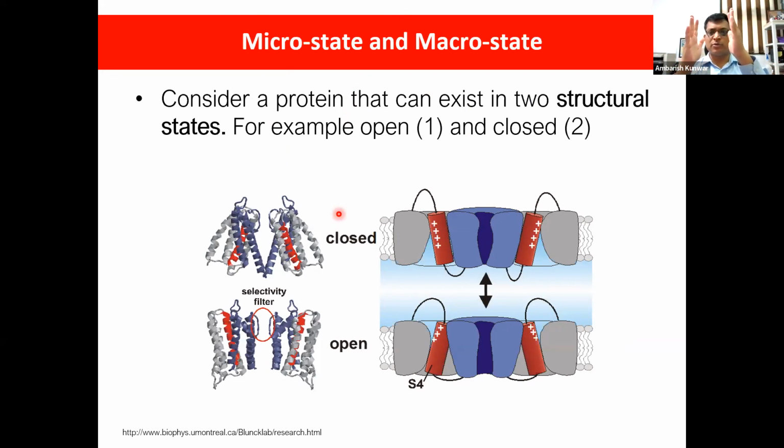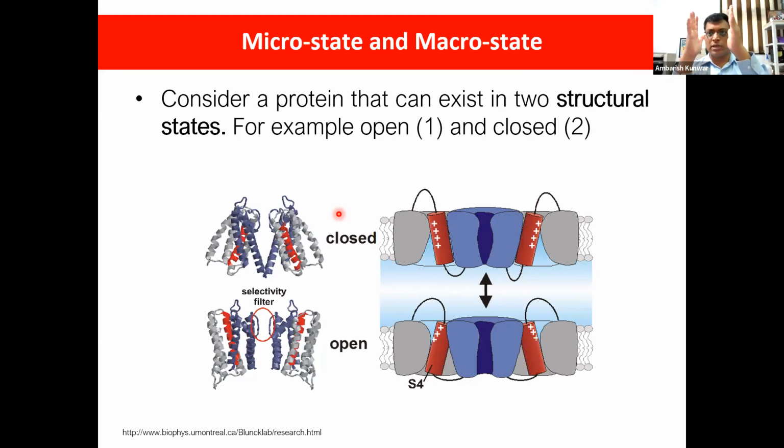In turn, this protein also consists of a large number of atoms, and if I have this protein in the open state at a finite temperature, all of these atoms, because of the thermal energy, will keep moving all the time. So even if the protein remains in the open state, each of the atoms can be in different places at different times.